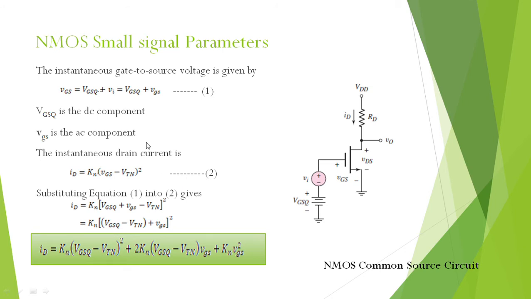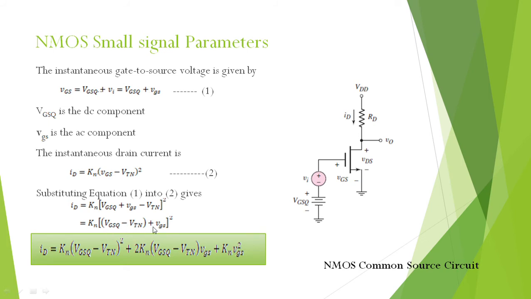Now we are going to substitute equation number 1 in 2 in the place of VGS. So your drain current will become ID equal to Kn into VGSQ plus vgs minus VTN the whole square. I'm going to bring this VTN to the term, VGSQ minus VTN plus vgs the whole square.